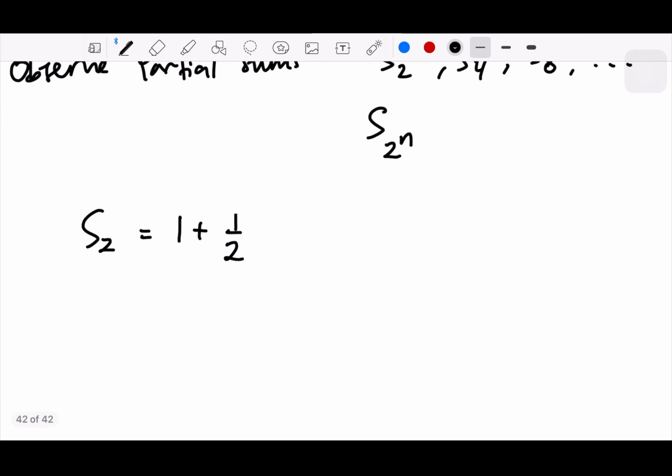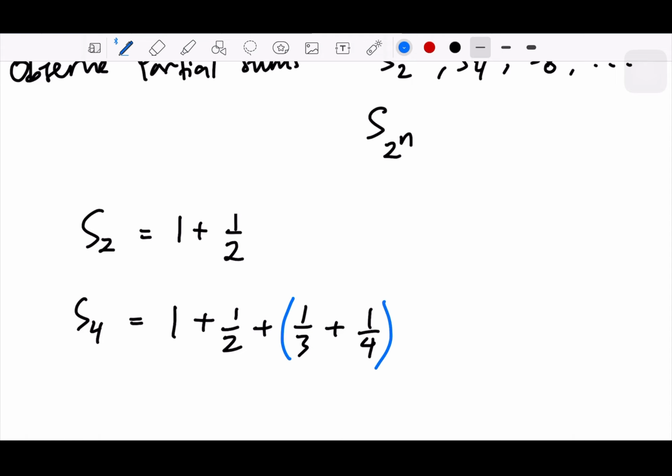Okay, and if we check S4, this will be 1 plus half, and then plus 1 over 3, plus 1 over 4. But what I would like you to observe is the last 2 terms. From here, if we exchange this 3 with 4, this will be half, right?